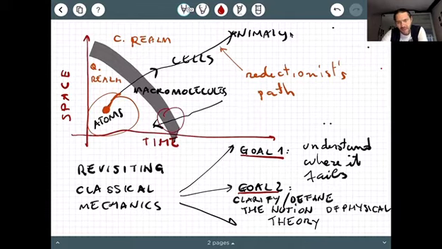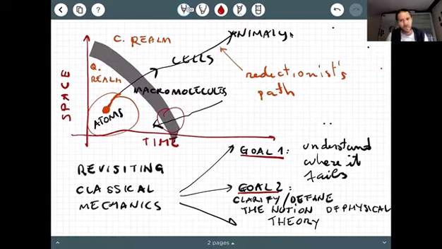But from a practical and pragmatic perspective, you can think about this goal number two as preparatory work to change our mind and make it ready to accept a completely different formulation of physics, which is quantum mechanics.